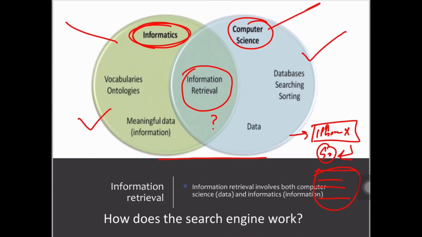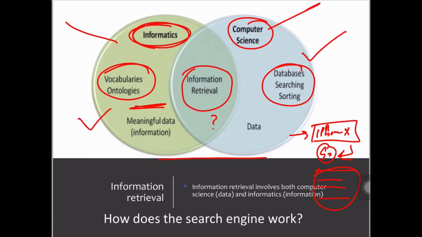So we have some sort of database at the end. We have some algorithms. We have some vocabularies and ontologies at the back end, which help the search engines, just like the Google search engine, to fetch the information for you.